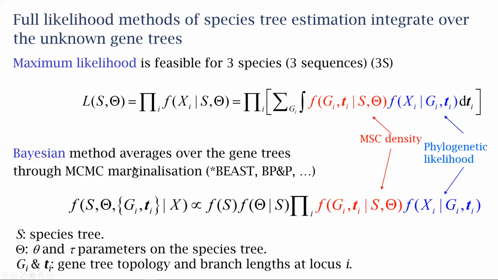The Bayesian version is more manageable. Basically you build a Markov chain Monte Carlo sampling both the species trees and parameters as well as the gene trees and times. So the gene trees are sampled; they are part of the state of the Markov chain Monte Carlo.